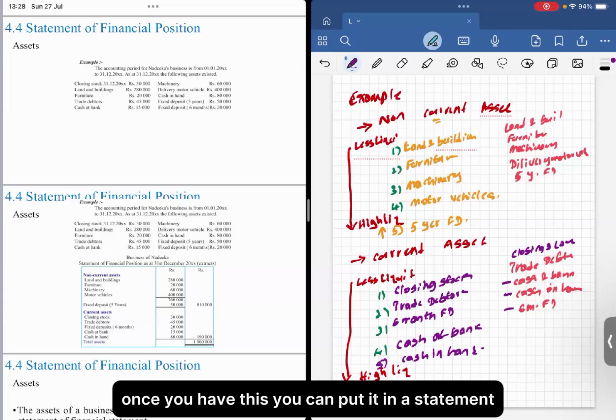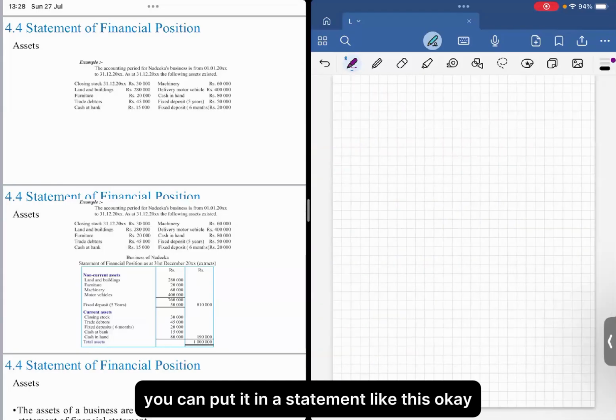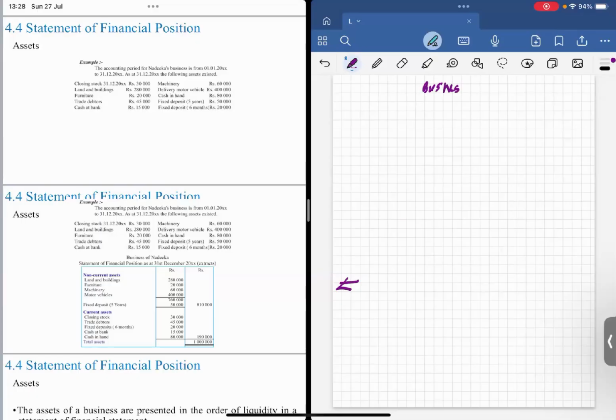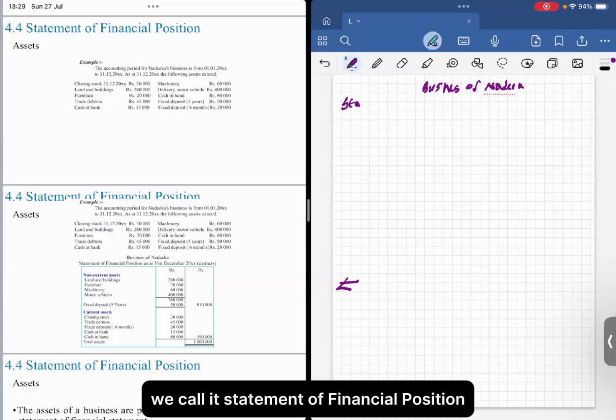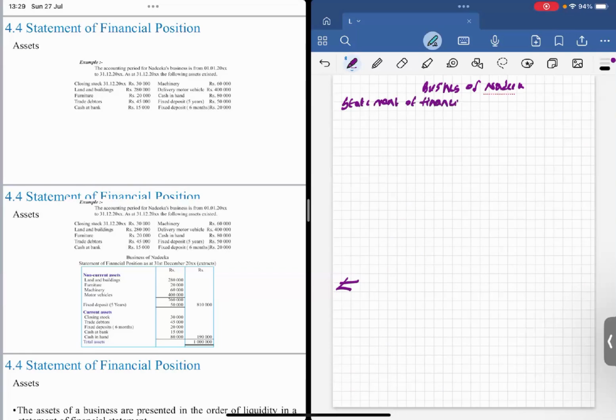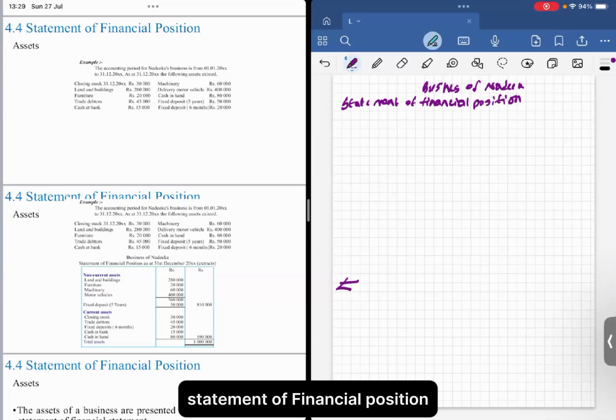Once you have this, you can put it in a statement like this. Business of Nadika, we call it statement of financial position. Statement of financial position as at 31st December 2025.